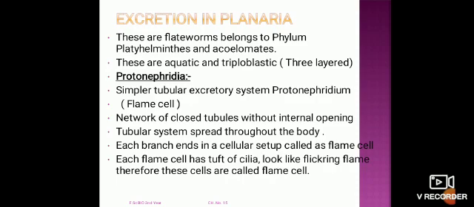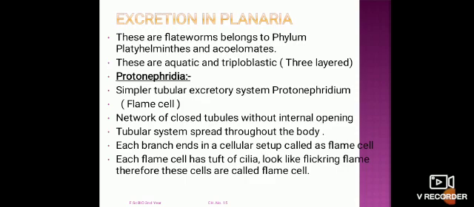Planaria belong to Phylum Platyhelminthes. These are the flatworm animals and acoelomate. These are present in the aquatic environment and have three layers in the body, so these are considered as triploblastic. They have a special structure of excretion known as the Protonephridia.